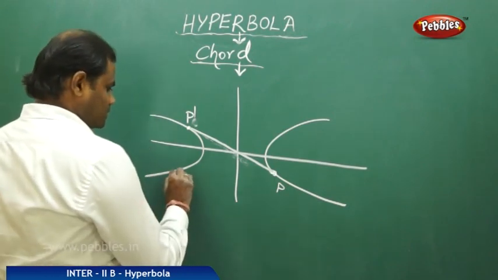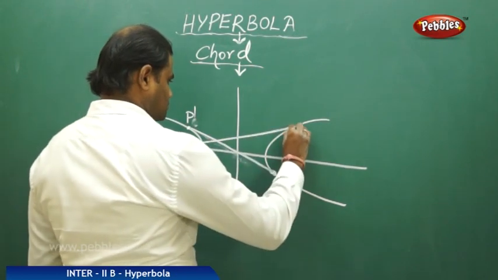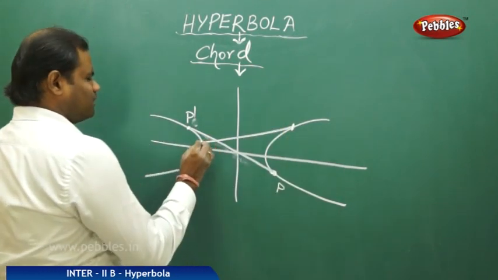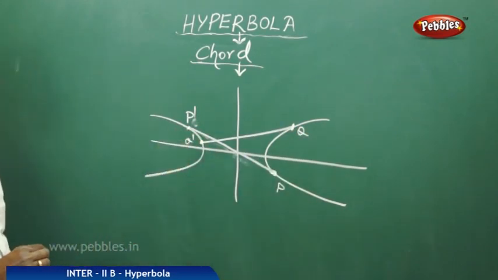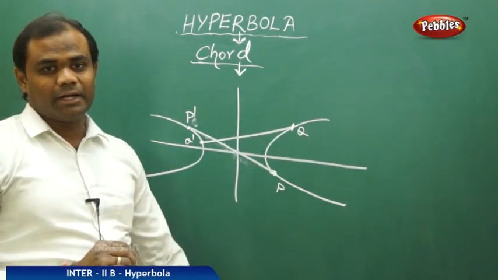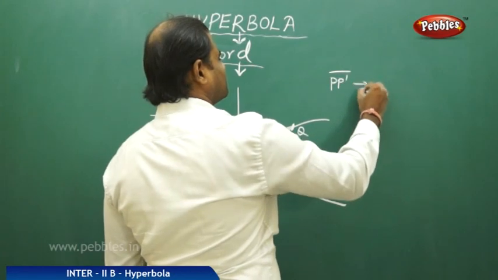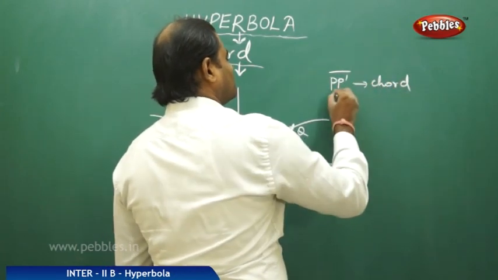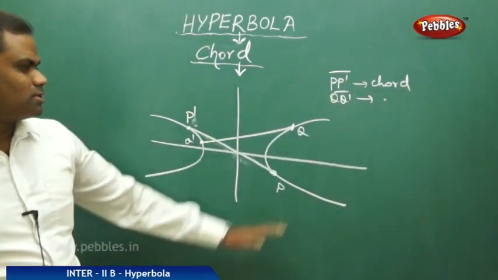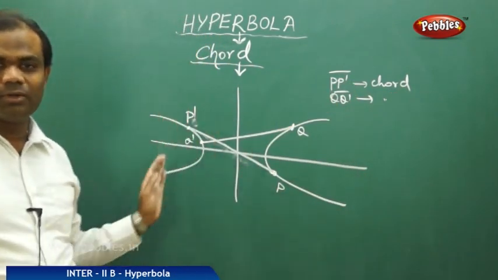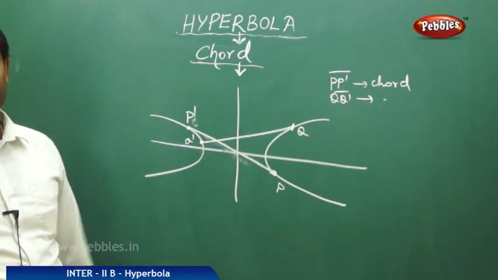Or if I take Q with Q dash, these are also chords. There are infinitely many chords which we get. Because there are infinitely many points on the hyperbola, there are infinitely many pairs of points which act as chords.